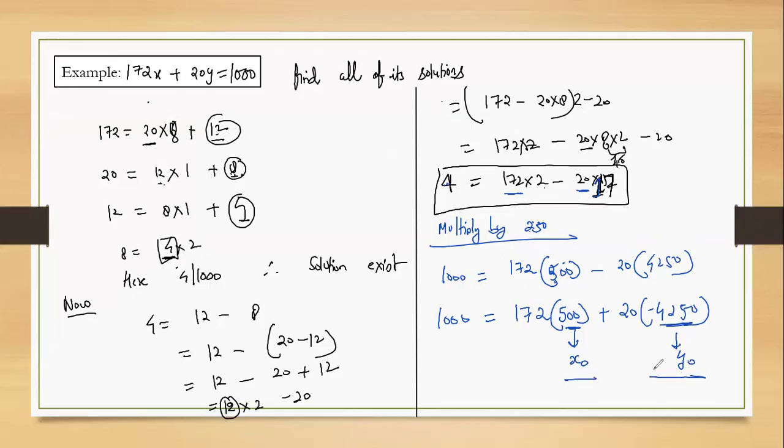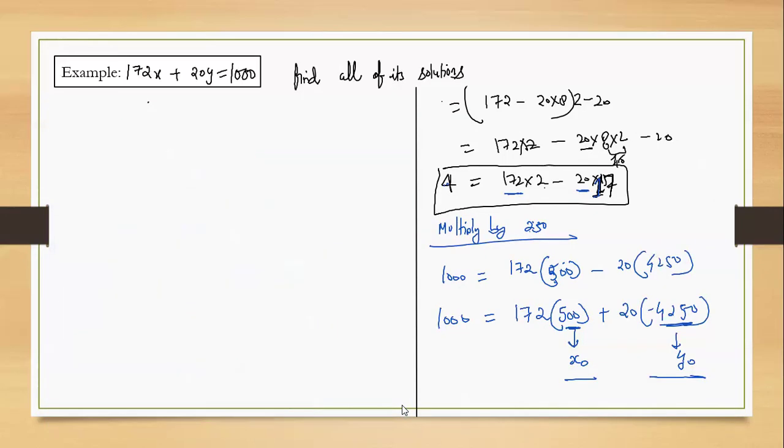Now you got this point. How can we determine the first solution? If you have found the first solution, then you can determine other solutions as well with the formula which I gave to you: x1 = x0 + (b/d)t and y1 = y0 - (a/d)t.